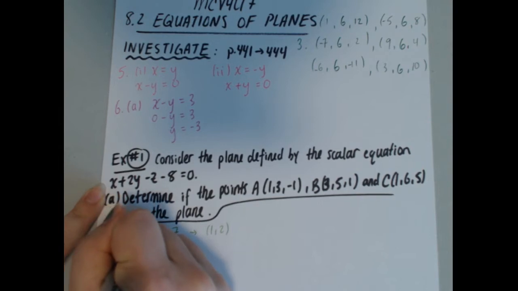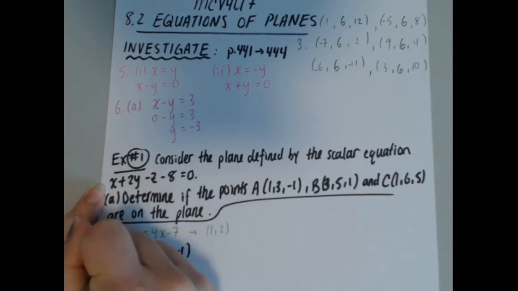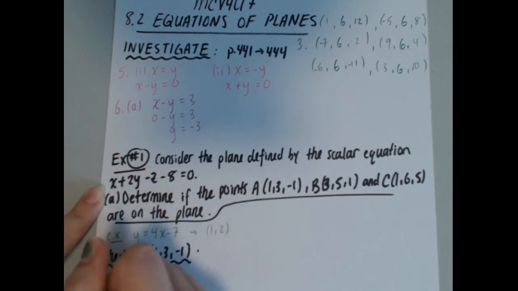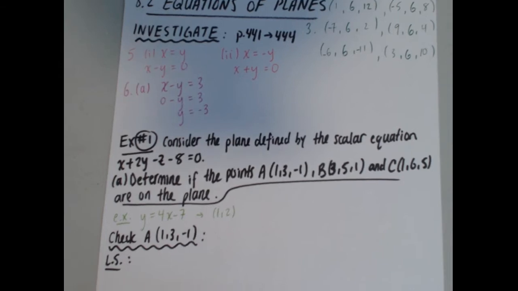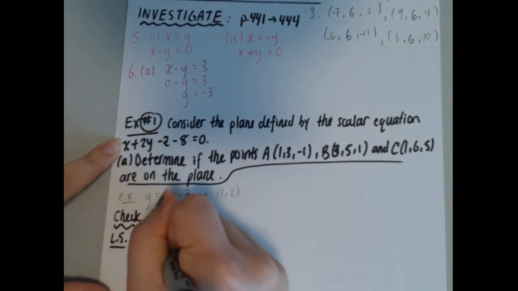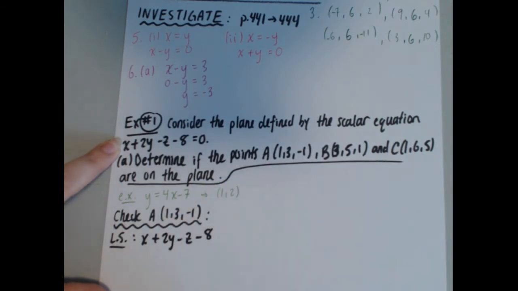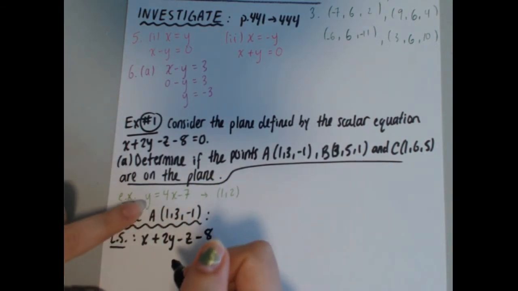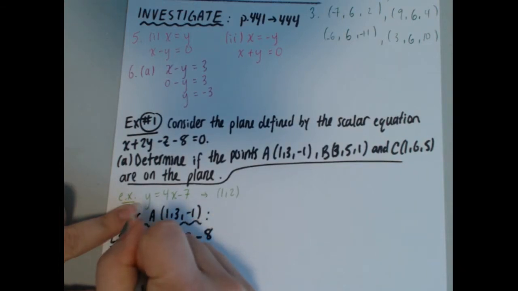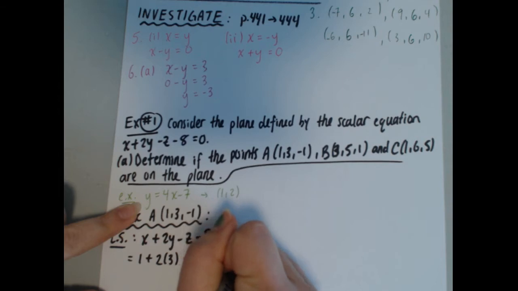Okay, so let's check A first. A is (1, 3, -1). So left side, I have x plus 2y minus z minus 8. All right, so my x is 1, my y is 3, and my z is -1.